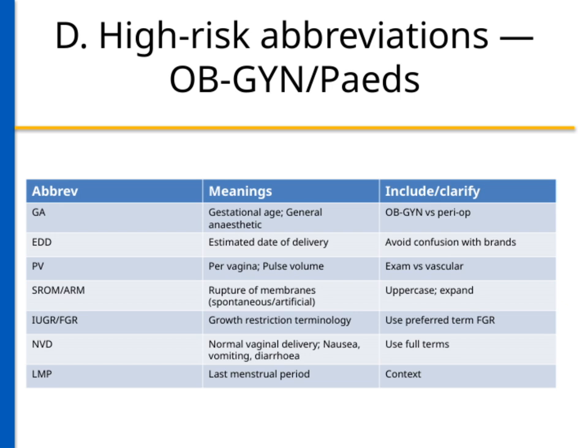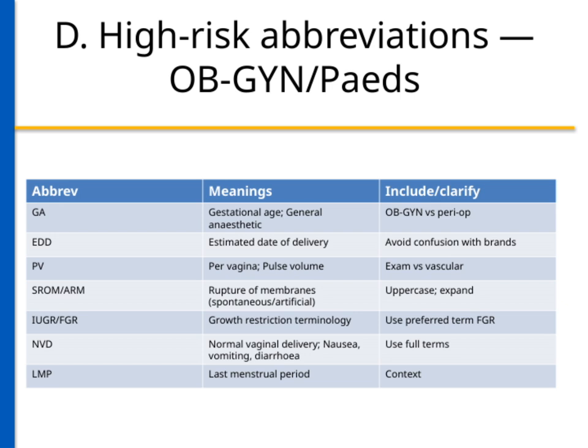Moving on, IUGR or FGR refers to growth restriction. Here, it's recommended to use the preferred term FGR to be precise. NVD means normal vaginal delivery, but it can also stand for nausea, vomiting, and diarrhea, so always pay attention to the context.